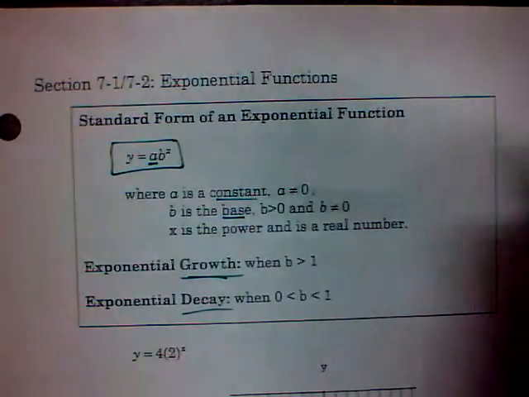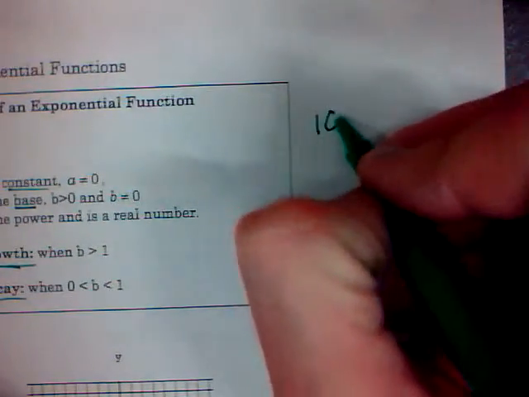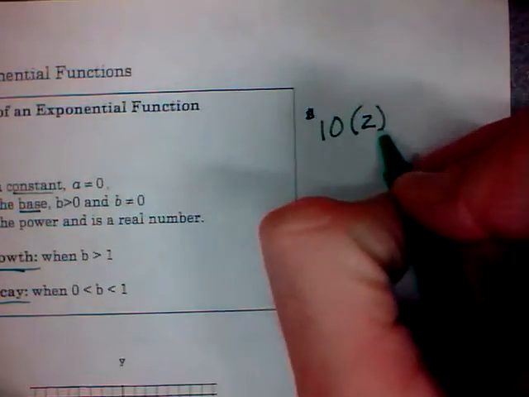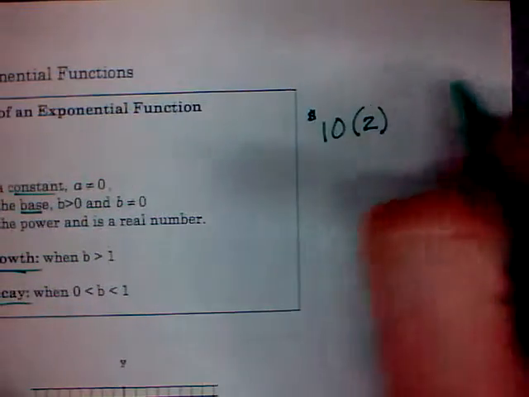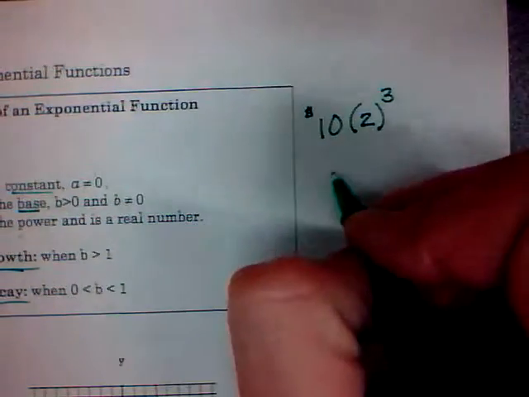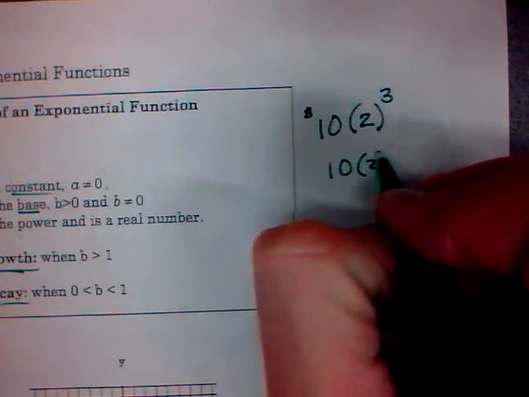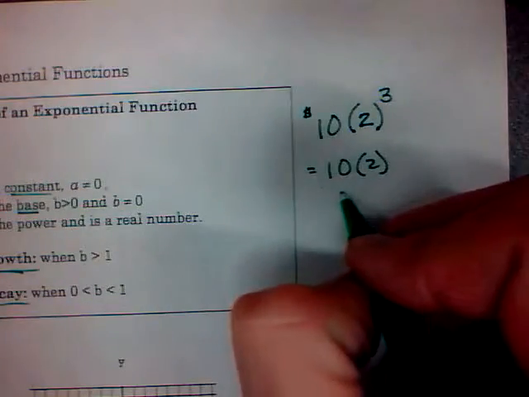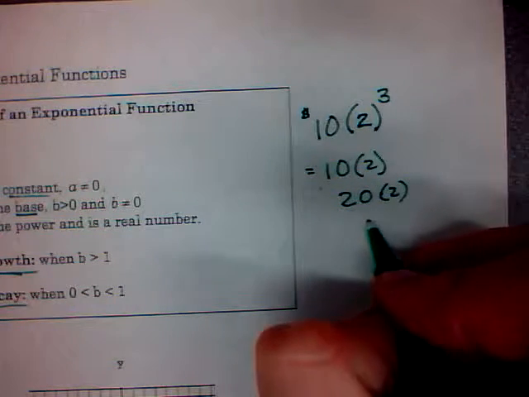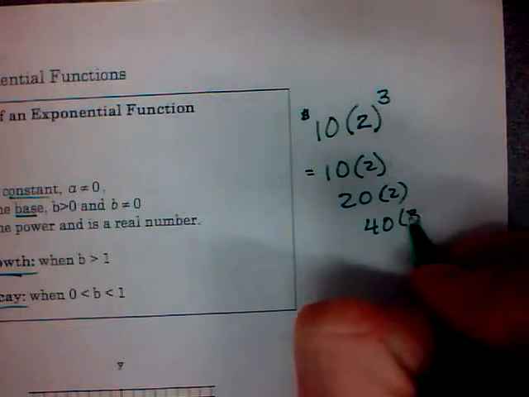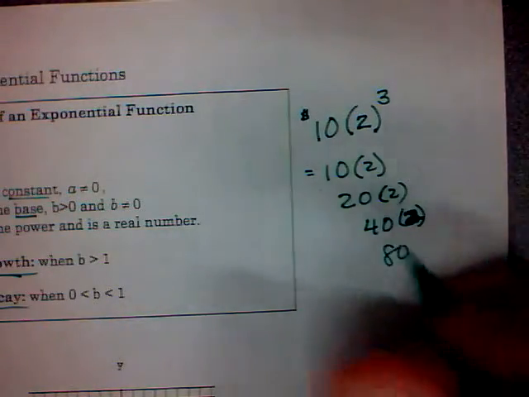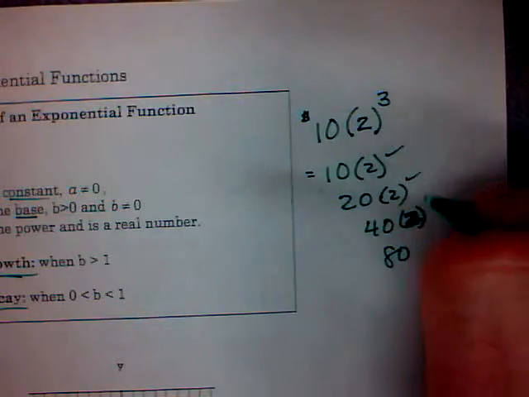So maybe if we're starting off with $10, and maybe we're going to double that. So we're going to multiply it by 2. We're going to multiply it by 2 three times. That means you're going to start off with 10, and then that's going to get multiplied by 2, which is going to get you 20, but then that's going to get multiplied by another 2, which is going to turn into 40, but then that's going to get multiplied by 2 again, which is going to get you 80, because here's 1, 2, 3.